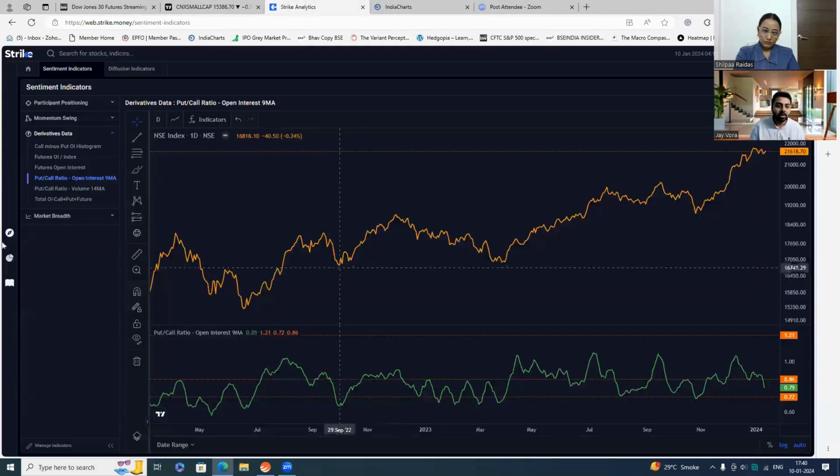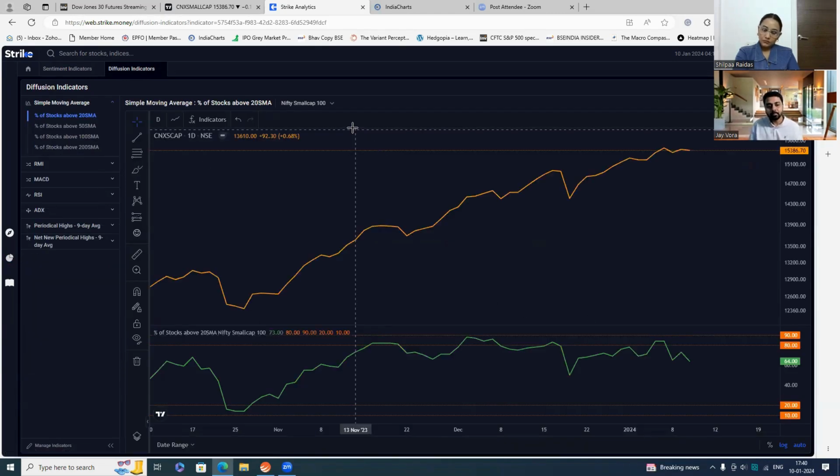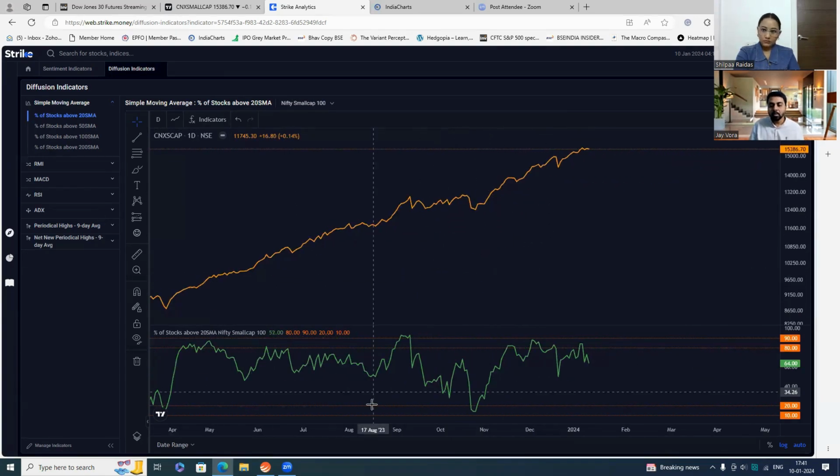Now, when we come to the strike, I am particularly worried about the small and the mid cap, and in fact all the other indices, because when I run the percentage of stocks above the 20 SMA, and that too for the small cap index, wait, let me zoom out a bit. You can see that the small cap index is at higher levels, but the percentage of stocks above the 20-day average seems to be going down, which means that the internals of the small cap index are not looking that great.